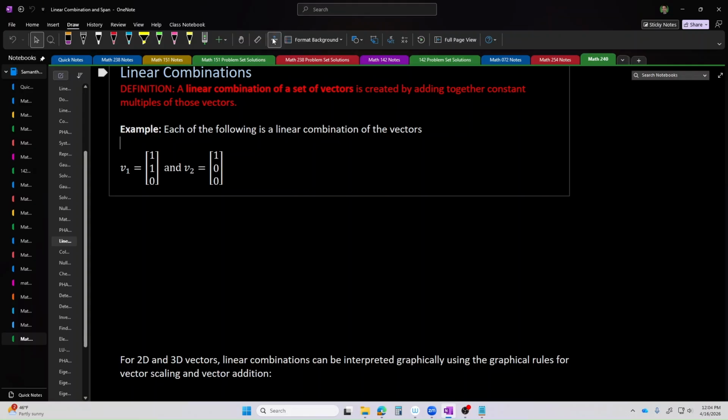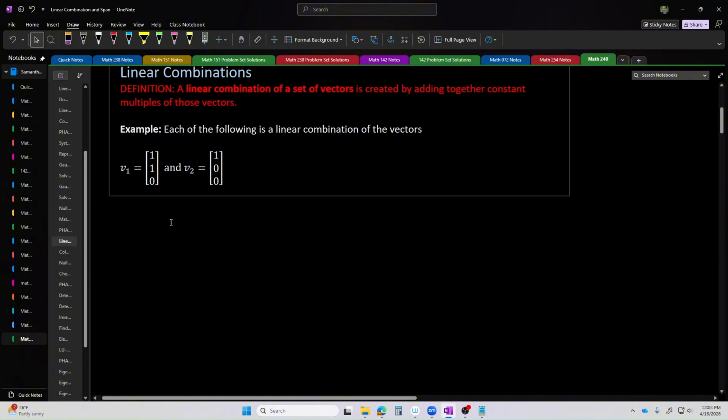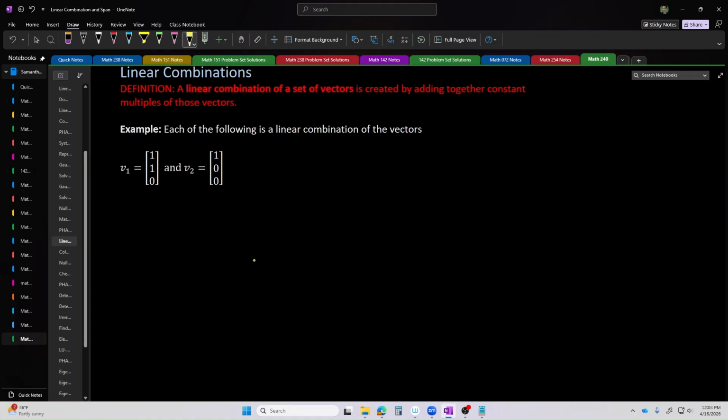So let me give you an example. I have two vectors here, v1 and v2, 1, 1, 0, and 1, 0, 0. So all of the following are linear combinations of these two vectors. If I take the vector v1 times 3, and then I add that to v2 times 2, this would be 3 times 1, 1, 0, plus 2 times 1, 0, 0.